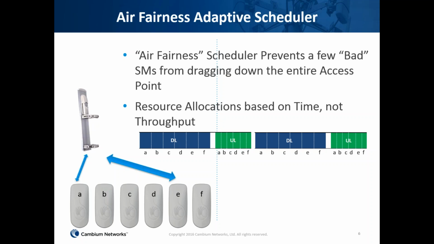However, if you go above 20 or so subscribers, or one of those 20 has, let's say, a poorer signal level than the other subscribers, let's say one of them has some foliage in the way, maybe he's further out, he's slightly misaligned, whatever the issue may be, but he's not operating at the highest throughput that all the other subscribers are, he starts to drag down the performance of the rest of the sector.